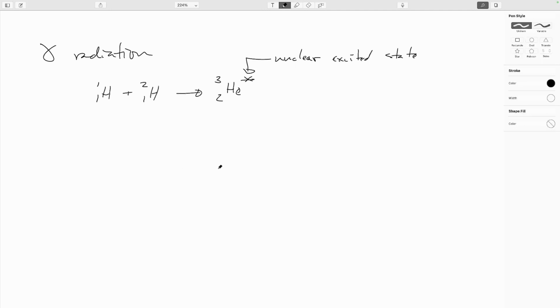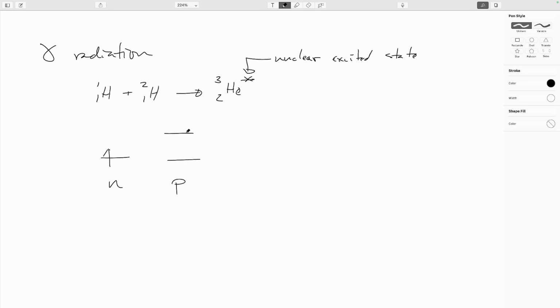So if we go back to thinking about the shell model here, I can have my neutron shell and my proton shell like so. I've only got 1 neutron sitting in the neutron shell because this is 2 protons, and since the mass number is 3, that's 2 protons plus 1 neutron.